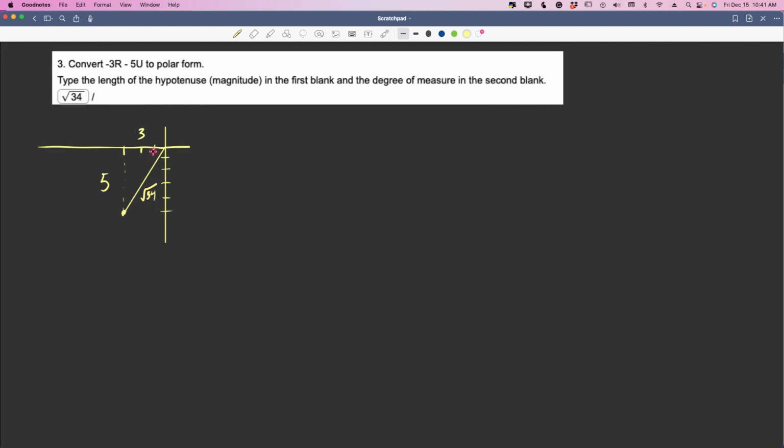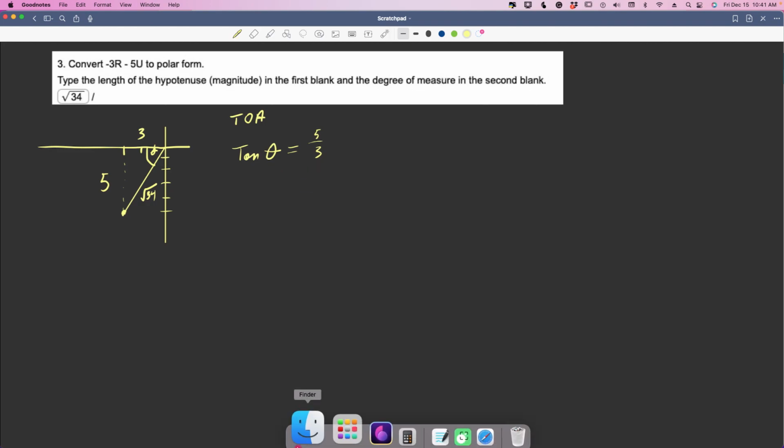We know that. This little guy in here, this angle, is theta. So we're going to use TOA, tangent, to find theta. So the tan of theta is equal to opposite over adjacent, so 5/3. We do the exact same thing we did before. We pull up the calculator.